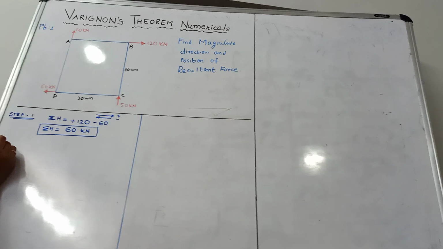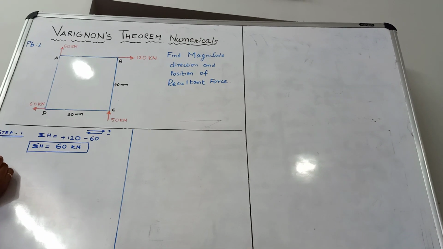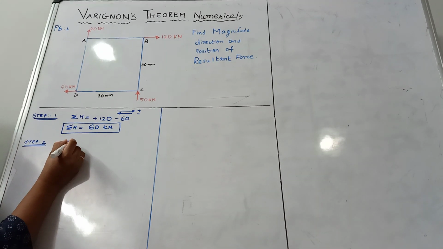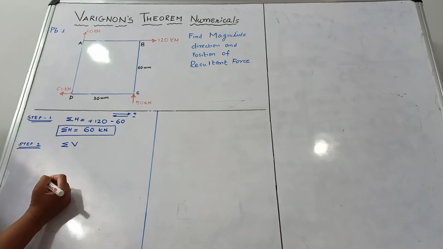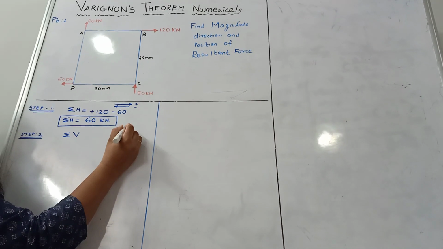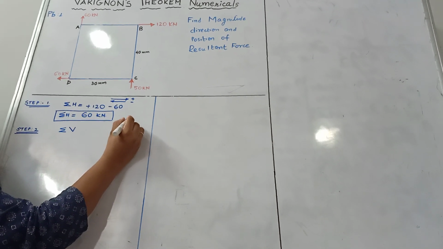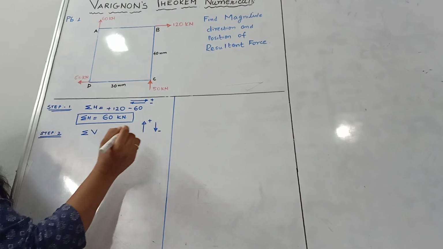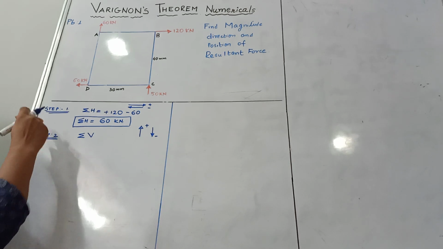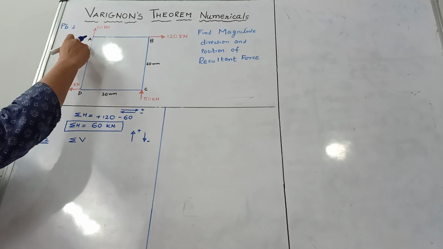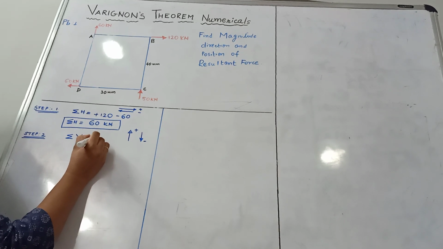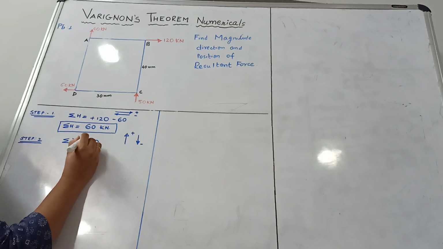Now what is step number 2? Step 2 is to find the algebraic sum of vertical forces. What is the sign convention? If the force is moving upward, positive. If the force is moving downward, negative. In the figure, at point A, 60 is the vertical force in the upward direction, so plus 60.